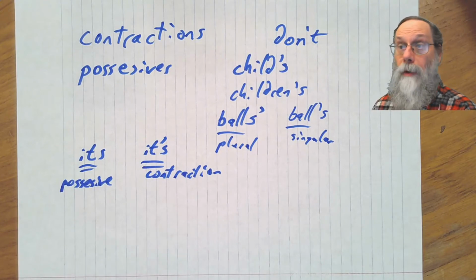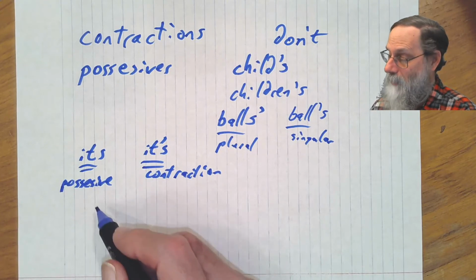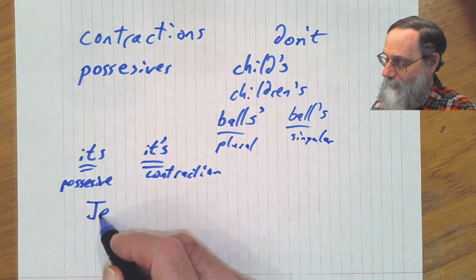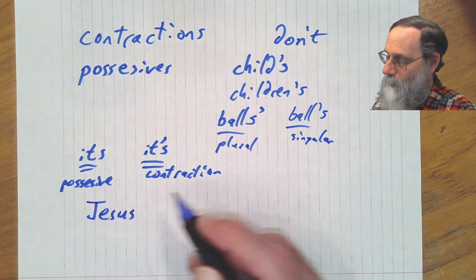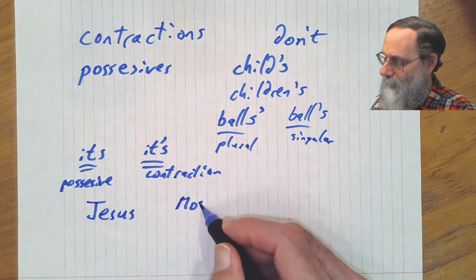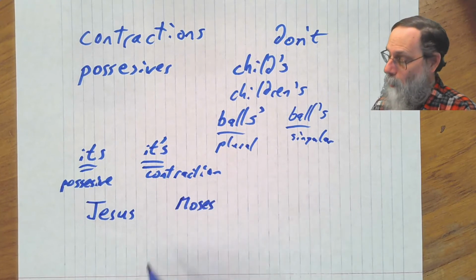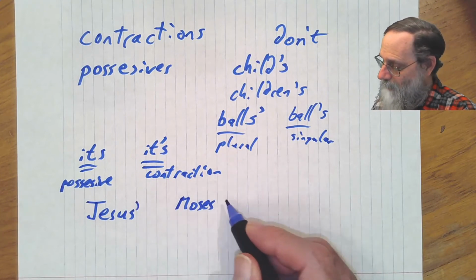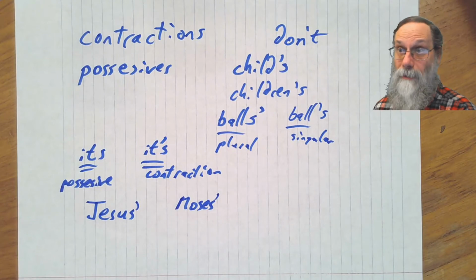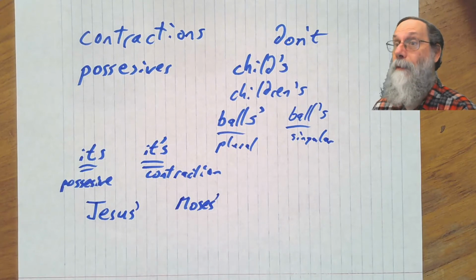Okay, one other problem that gives people some difficulty is that there are a few words, like Jesus and Moses, which form the possessive just by adding an apostrophe. Jesus', for Jesus' sake, for Moses' sake.